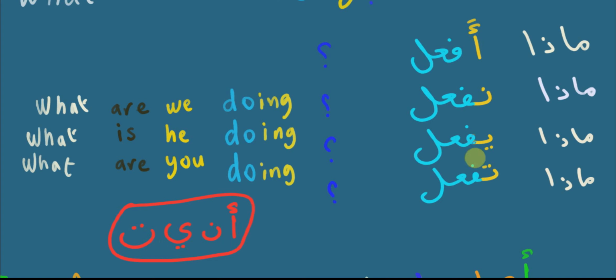And whenever you change a verb from the past tense to the present tense, it will take one of these letters on the front of it. Each one of them will indicate a different person, and you add the attachment at the end depending on how you change it. So these are called the present tense letters.